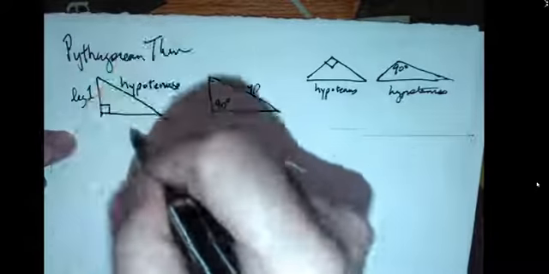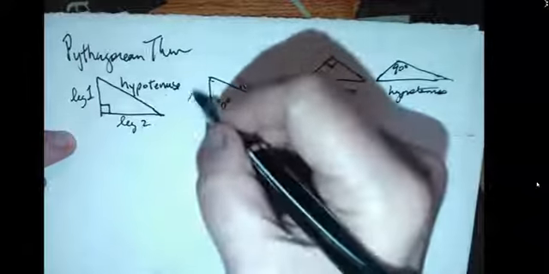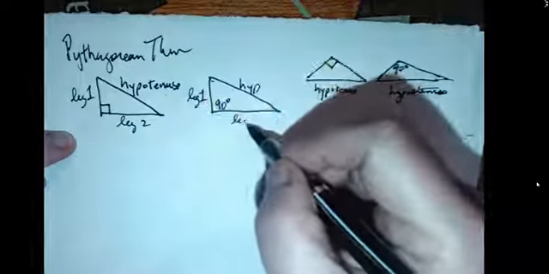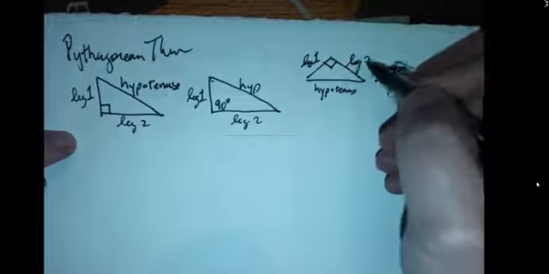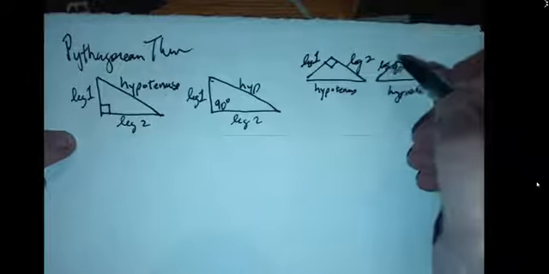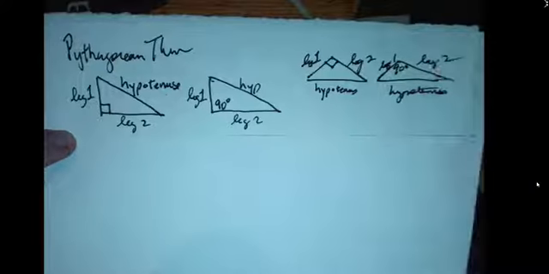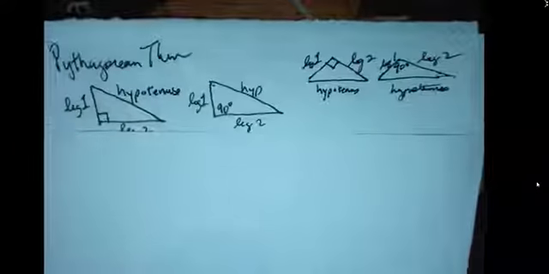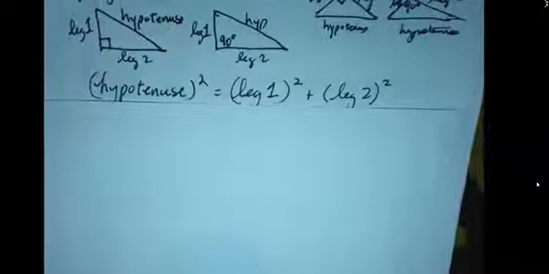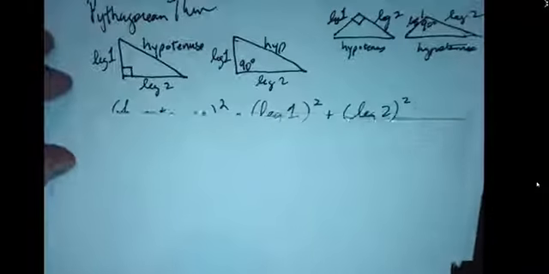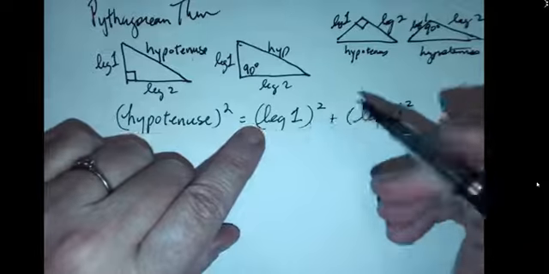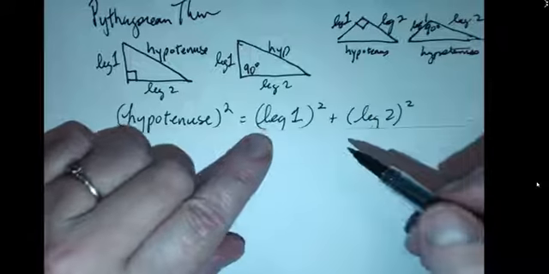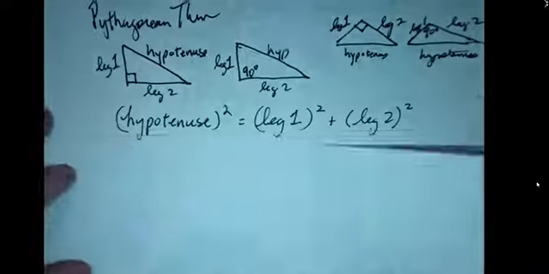And it really doesn't matter, as long as you get the hypotenuse correct, it doesn't matter where you label those. Okay. All right, now when you have that labeled correctly, the Pythagorean theorem says that the hypotenuse squared is equal to the sum of squares of the two legs.